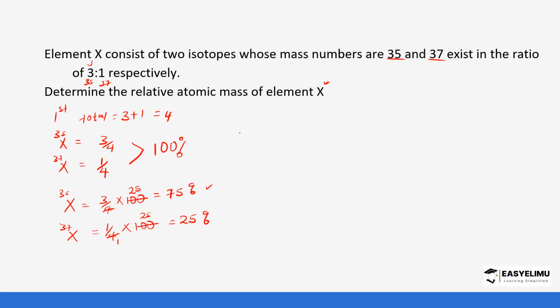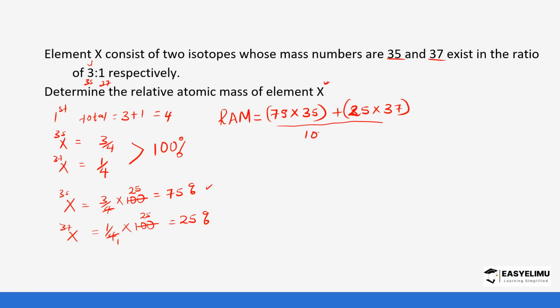Next, we go to the formula, which is RAM is equal to, we pick the percentage abundance, which is 75%, times the mass, which is 35, and then we add 25% times 37, which is the mass, everything over 100.